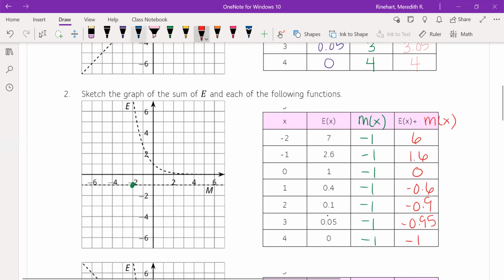So if we were to graph this, -2, 6, -1, 1.6, 0, 0, 1, negative 0.6, 2, negative 0.9, 3, negative 0.95, 4, negative 1, and then we stay at negative 1 after that. So we get a very similar shape to e of x for our new function. On to the next one.